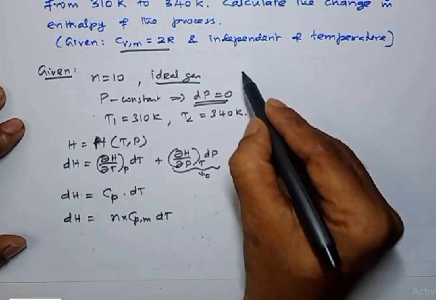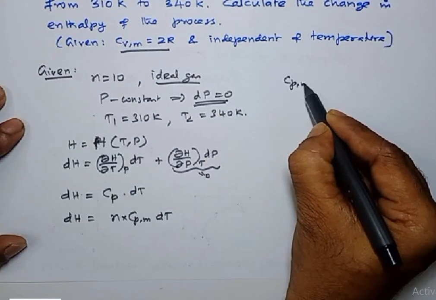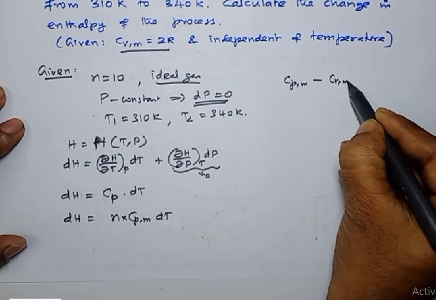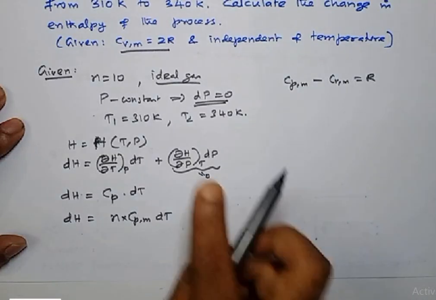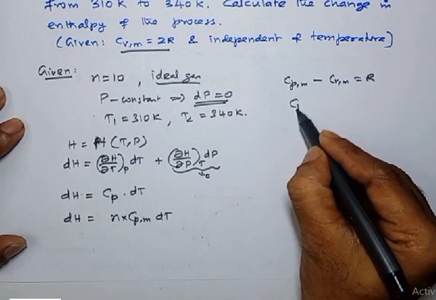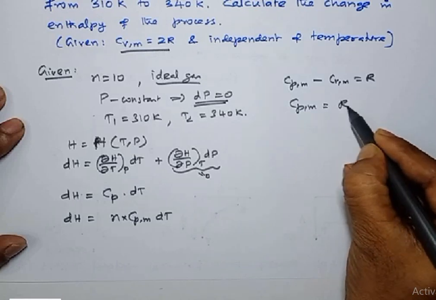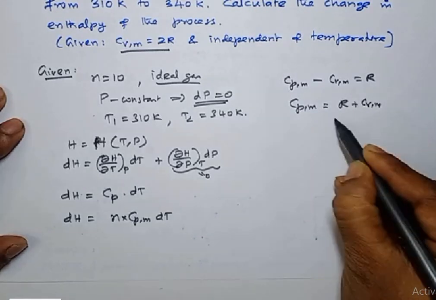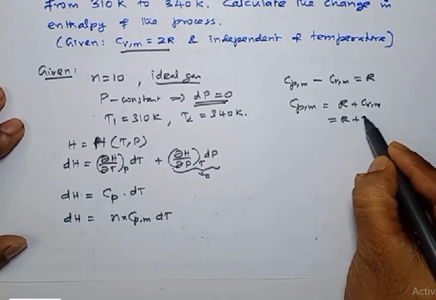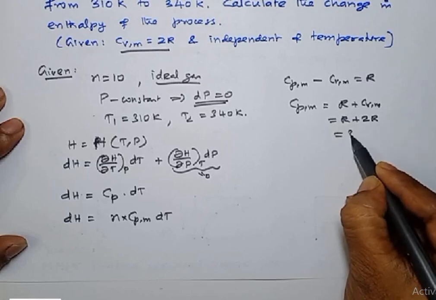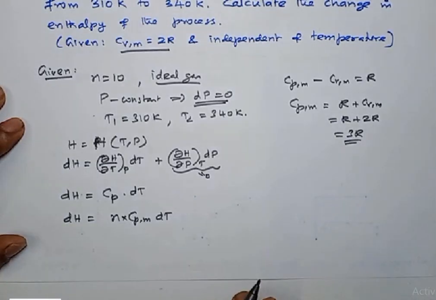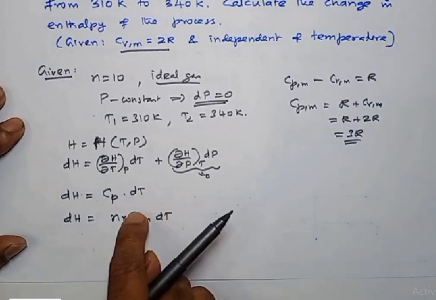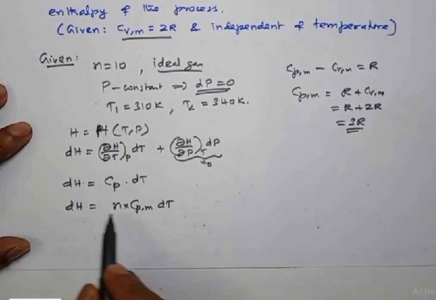You know very well, for an ideal gas, Cpm minus Cvm is equal to R. Since Cvm is equal to 2R, I can write Cpm equal to R plus Cvm. So R plus 2R is 3R. This is the value of Cpm. Substitute this value here. But this is for a small change.